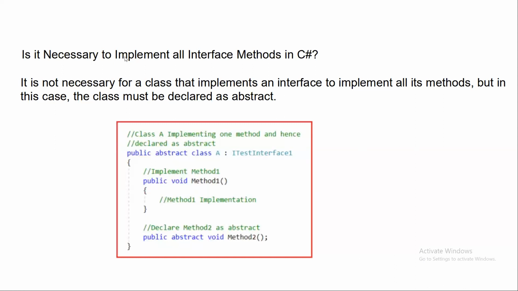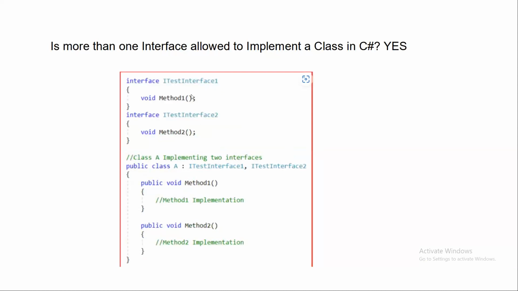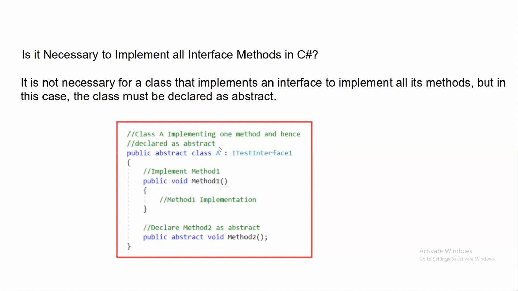Is it necessary to implement all the interface methods in C#? So let's take this example. Interface 1 contains method 1, interface 2 contains method 2. Now forget about the abstract class, just say public class A, interface 1. Assume that interface 1 contains two methods, method 1 and method 2.